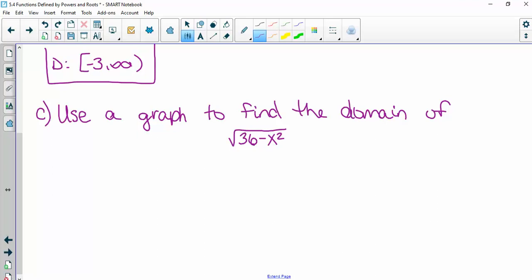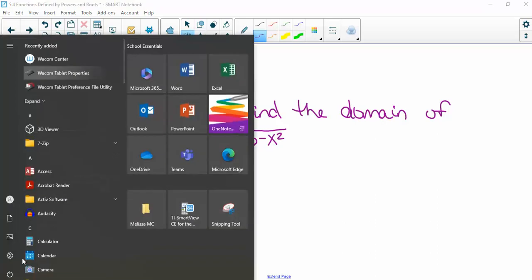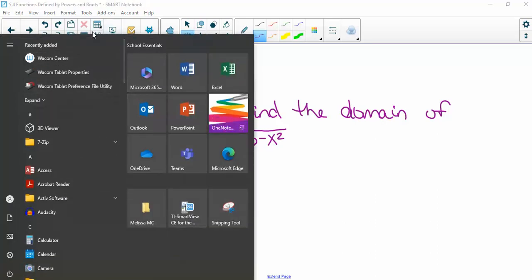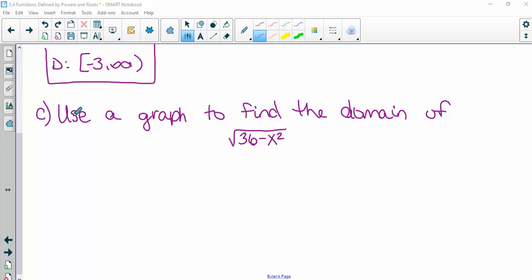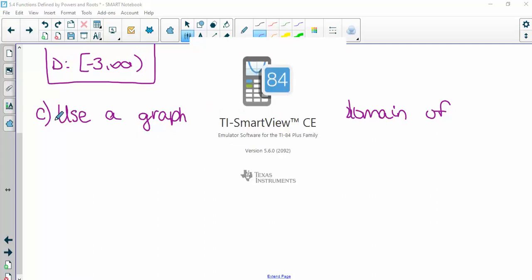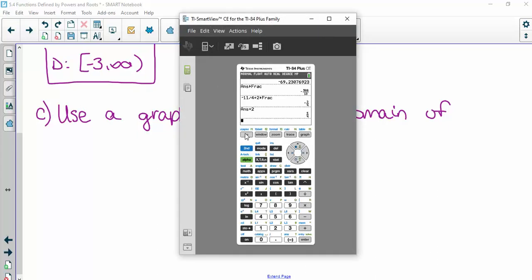Well, because of the inequality, it's going to be a little bit different. That would kind of get us close. Let's look at the graph to confirm that. So the square root of 36 minus x squared.